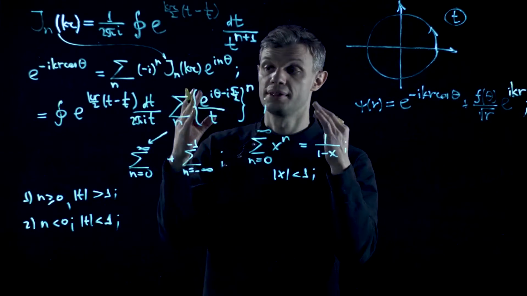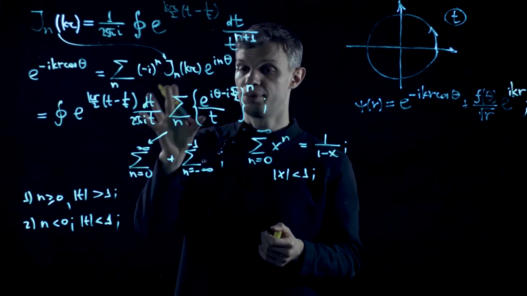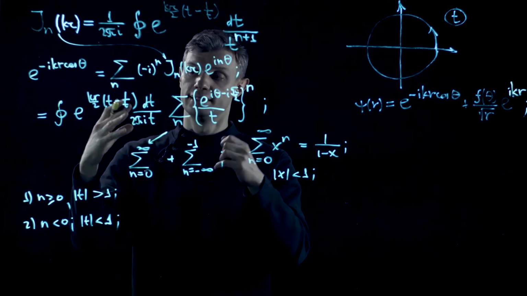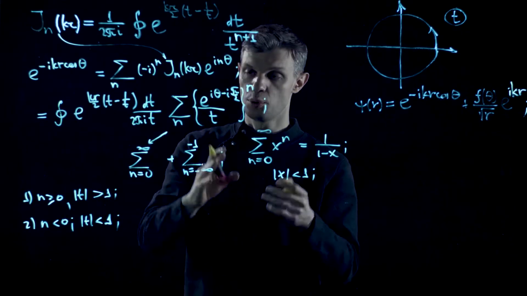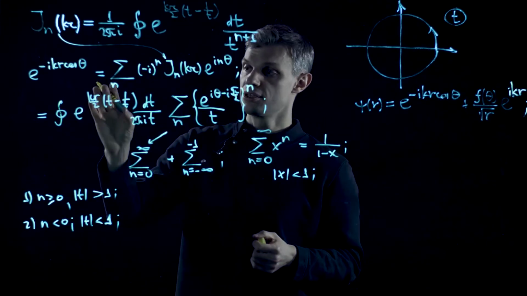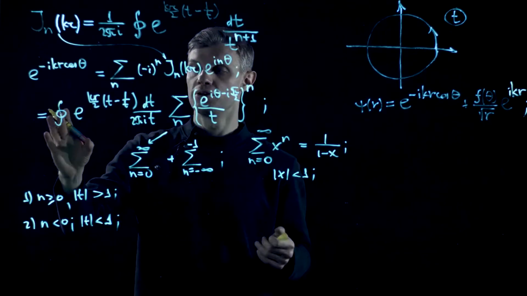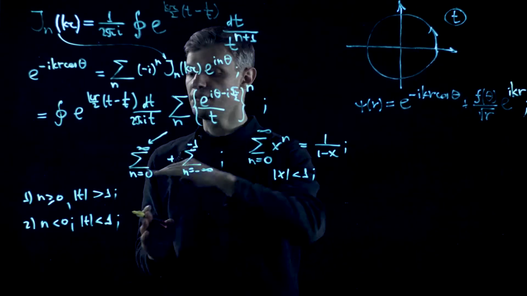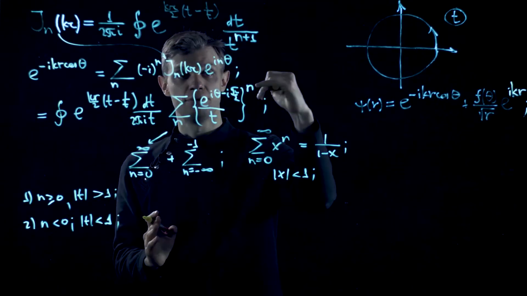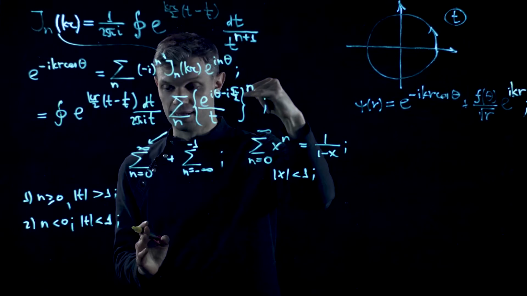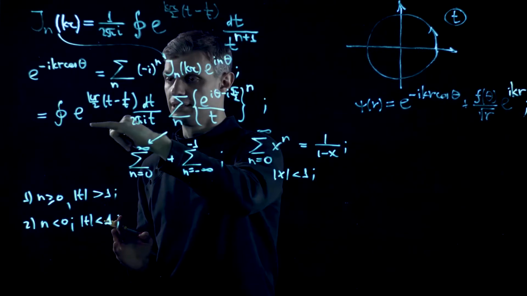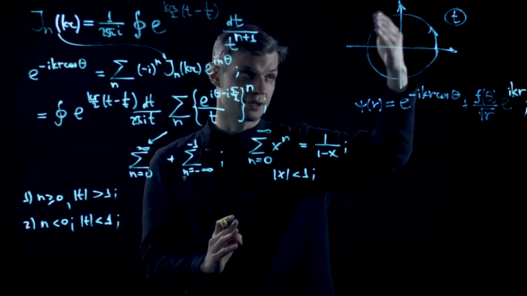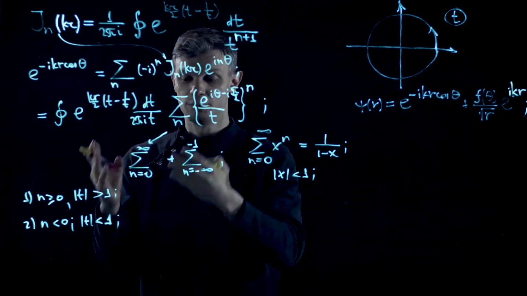So now here comes the central idea. You interpret this sum and the initial integral in two ways. For positive n, you interpret this integral as an integral taken along some contour, for example, some circle with radius greater than 1. But for negative n, you interpret the same integral along some circle, but with radius smaller than 1.